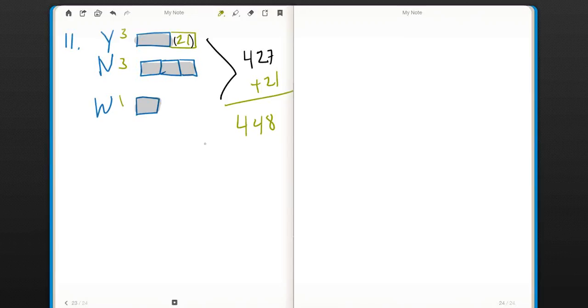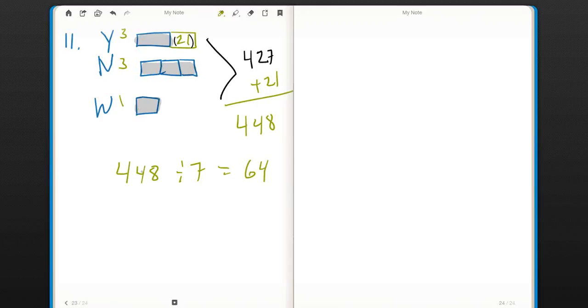So 448 would be how many I would have if I had 7 equal parts. If I take 448 and divide it by 7, and get 64, then that would tell me how many each box is.